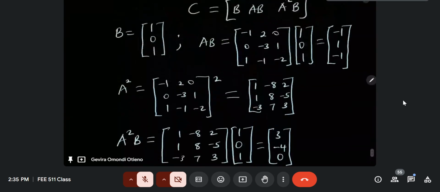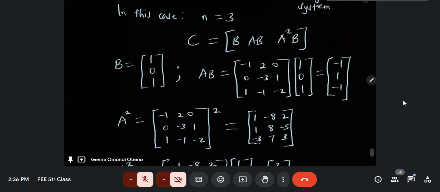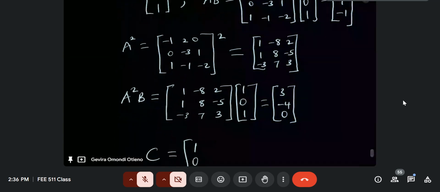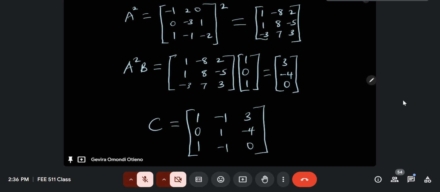B is 1, 0, 1. Okay. What is AB? AB is -1, 1, -1. And lastly, A squared B, which is 3, -4, 0. That is your controllability matrix.